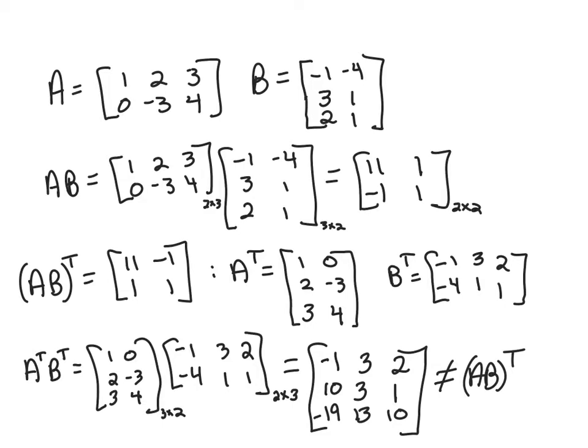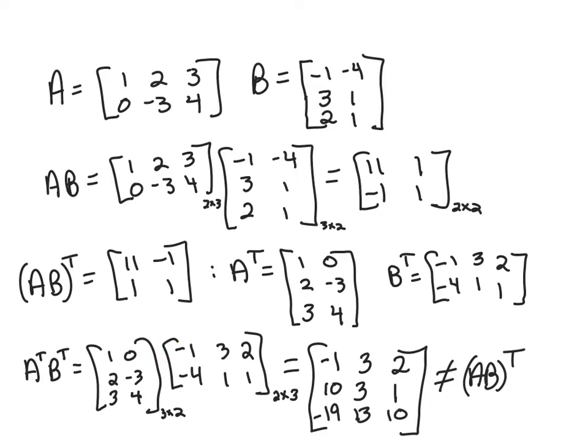AB transpose was this little thingy here, right? So remember in that property, when we took the transpose of the product, we ended up with the product of the transposes, but in reverse order. So what I need to do is find B transpose times A transpose and see if that equals.